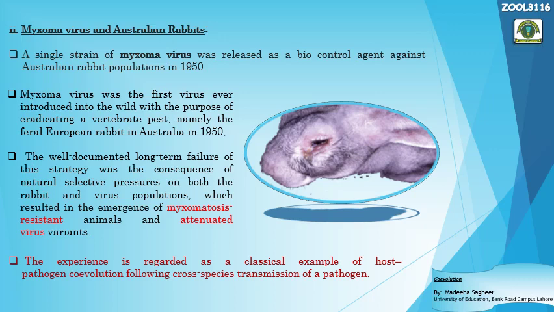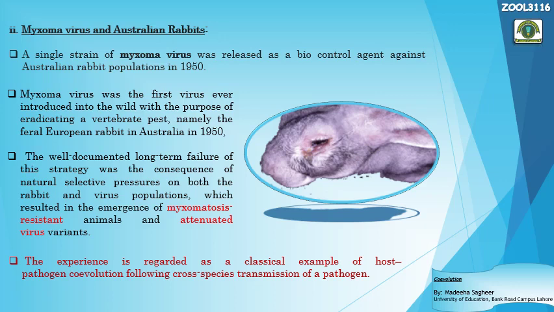The rabbit population was growing too much in certain regions of Australia, and these rabbits deteriorated the fields and plants, and they even dug up the land and caused much erosion. So it was very difficult to control their population.